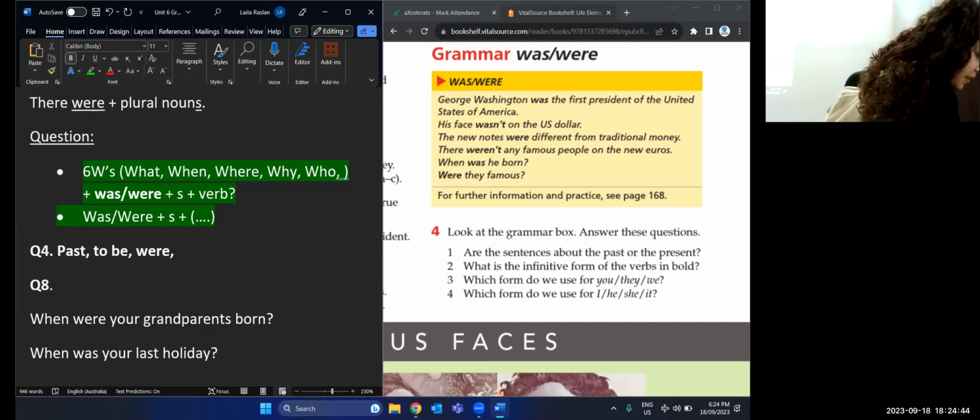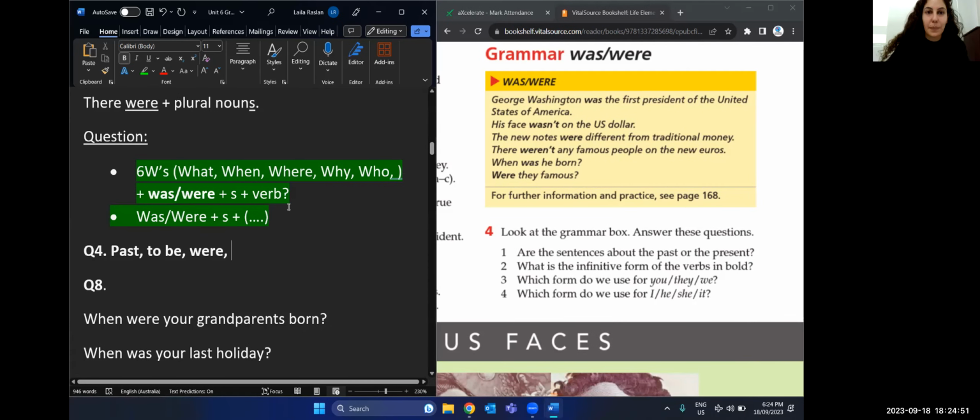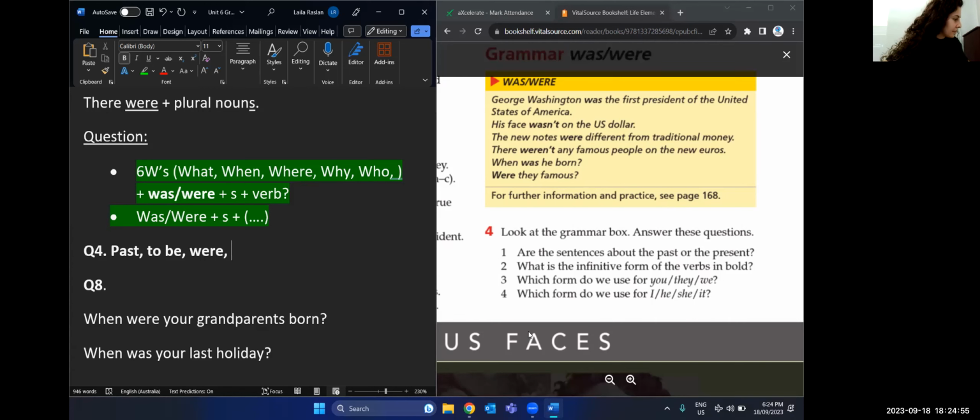Okay, so that seems pretty simple. Yeah, it's called the past simple. It must be pretty simple. Okay, so we've got some time. Let's go to the next page.